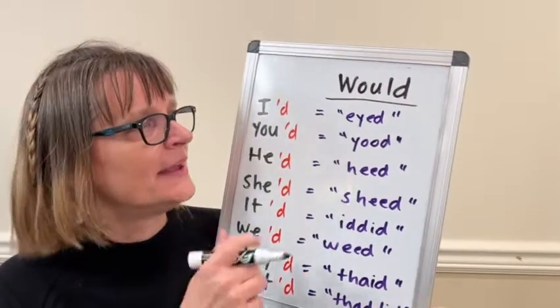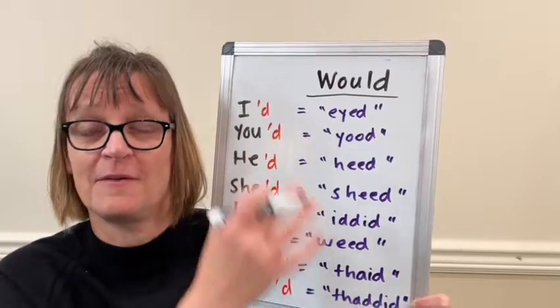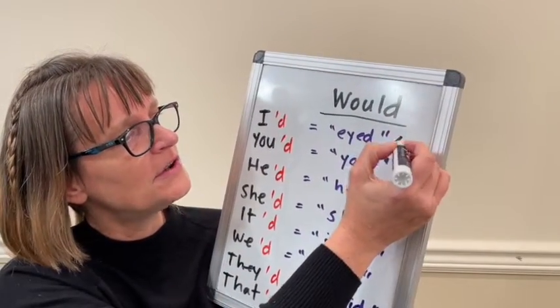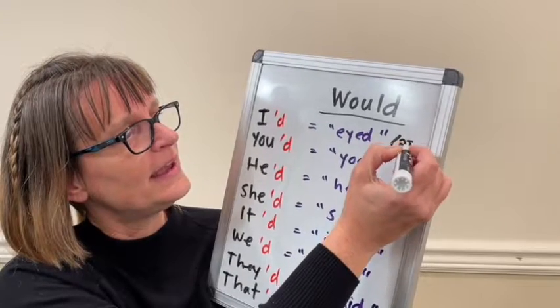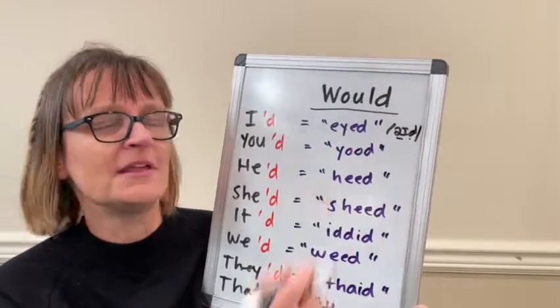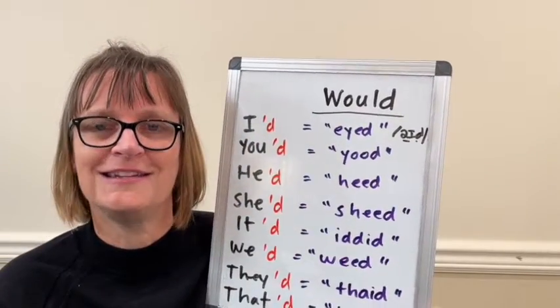She eyed them. So sometimes rewriting and respelling the contraction in a way that makes sense so you know what sounds it has can be helpful. Of course, you can also look at the IPA and see that we have the diphthong I and the D sound. But I think for most people, knowing that I'd is the same as eyed can be very helpful.